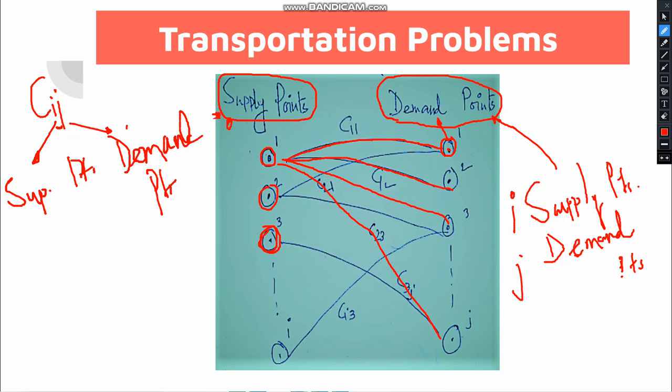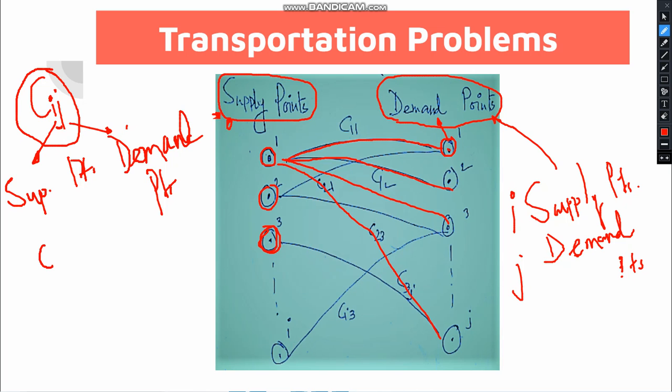When we are transporting the material from supply point i to demand point j, it will incur a cost of Cij.